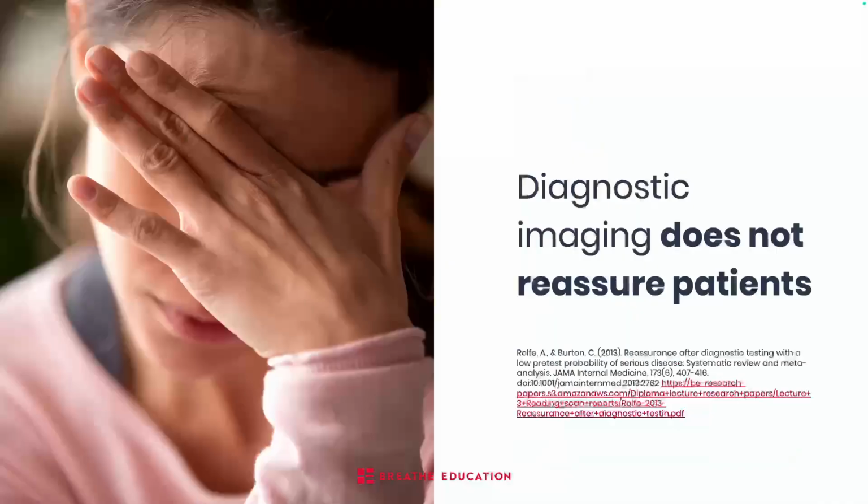And finally, diagnostic imaging does not reassure patients. You've probably heard people saying, I just want to get a scan just to be sure, just to be on the safe side, just so I know what's going on. What happens is, guess what? They have a scan, they're probably going to find something, because if you look at pain-free 40-year-olds, 50% of them have a disc bulge, 68% have a disc degeneration.